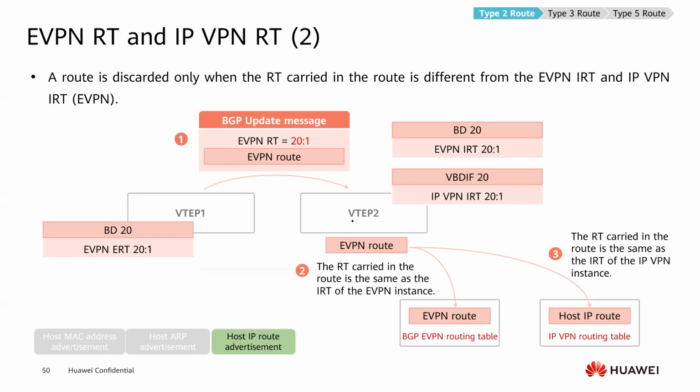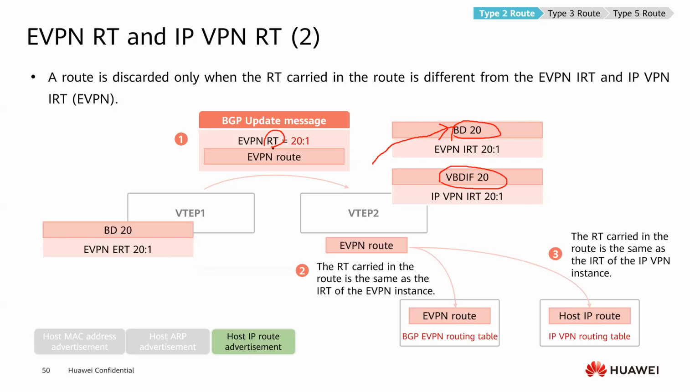And VTEP 2, after receiving the BGP route, will try to check the RT values, comparing them to the local BD and also to the VBDIF's RT values. If the RT value is equal to the RT value configured in the BD, it will parse the MAC address or the ARP information and install it to the corresponding tables.